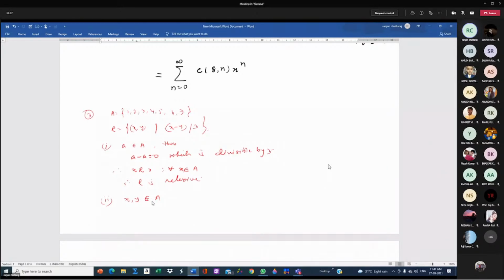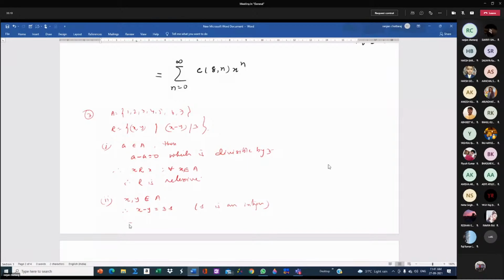Now you see here x, y belongs to A. Therefore, x minus y is equal to 3s, suppose s is an integer. That means x minus y is divisible by 3.